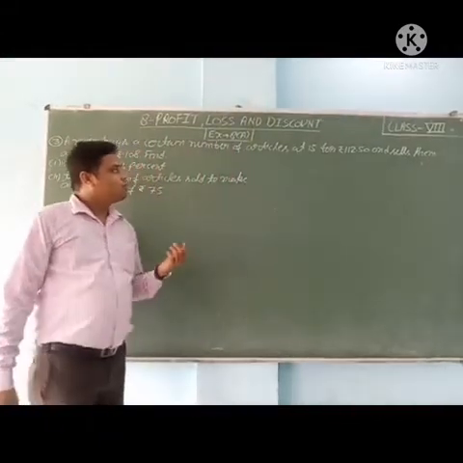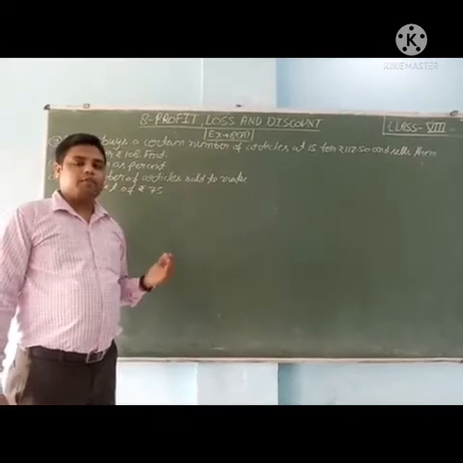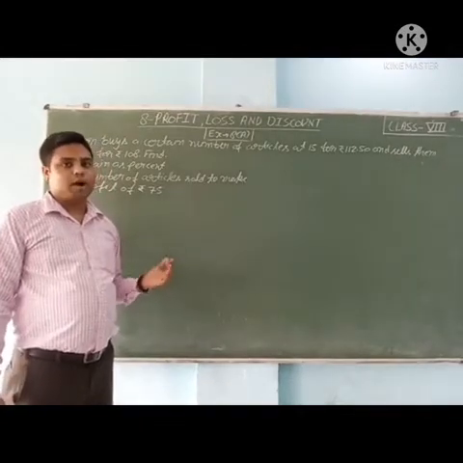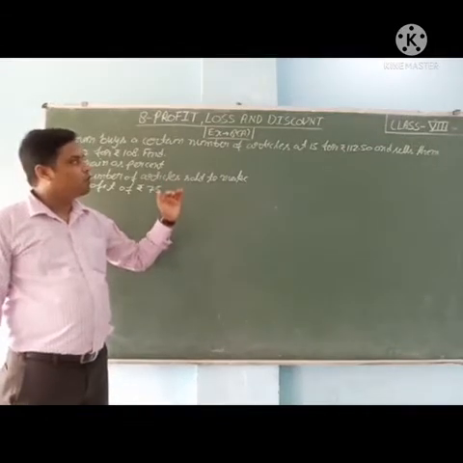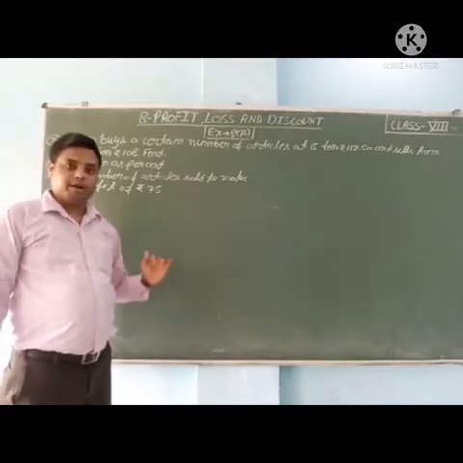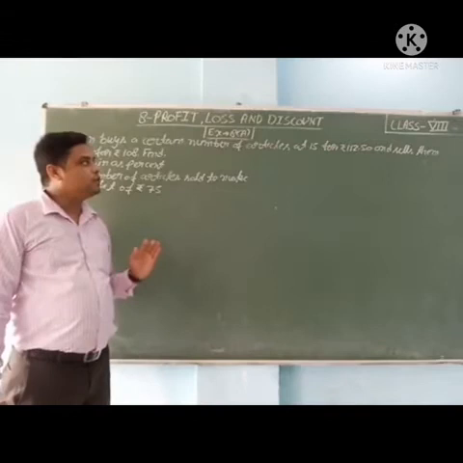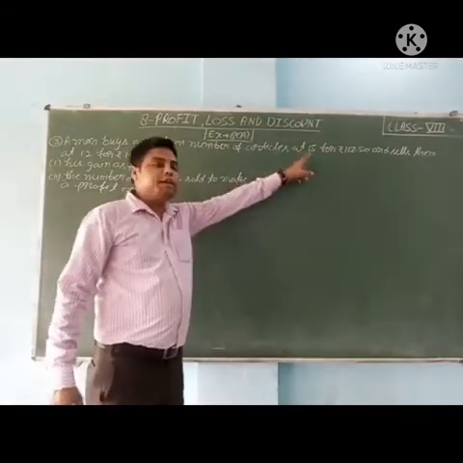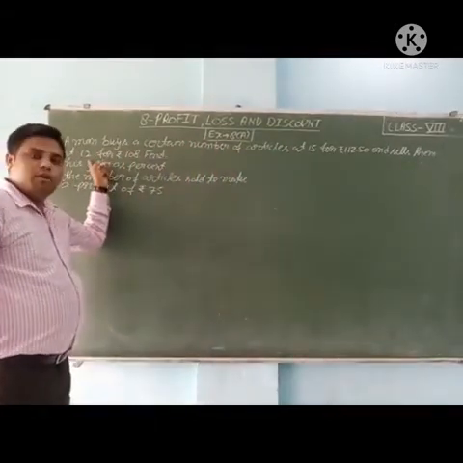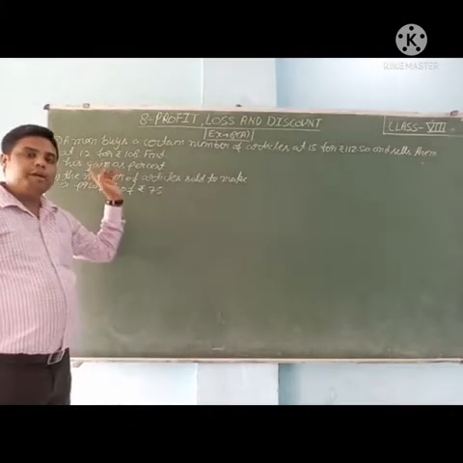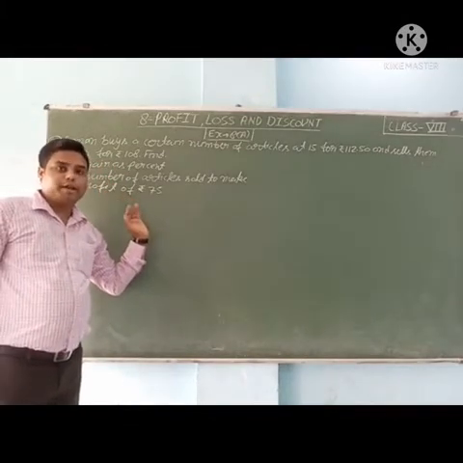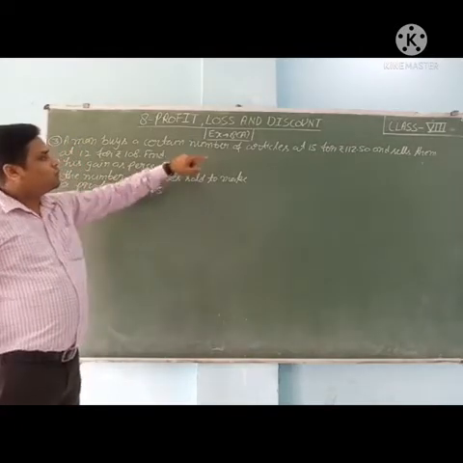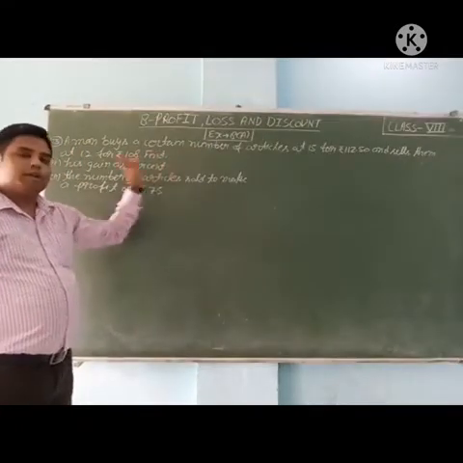So we will find the SP and CP of the same number of articles. We will find the SP and CP of 60 articles, because 60 is the LCM of 15 and 12.